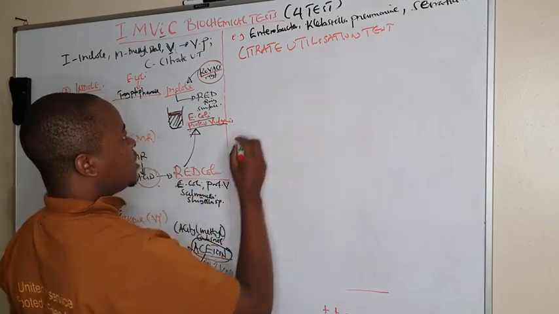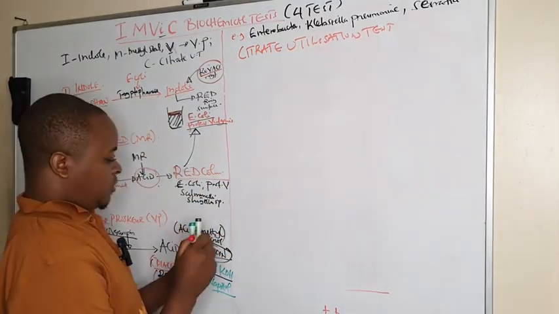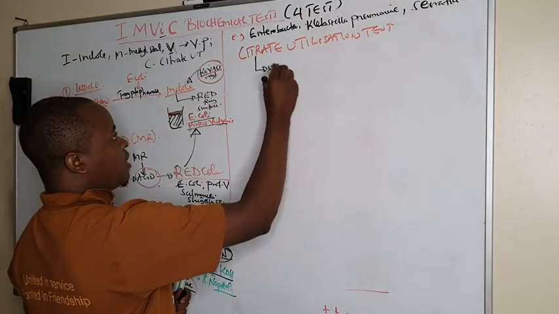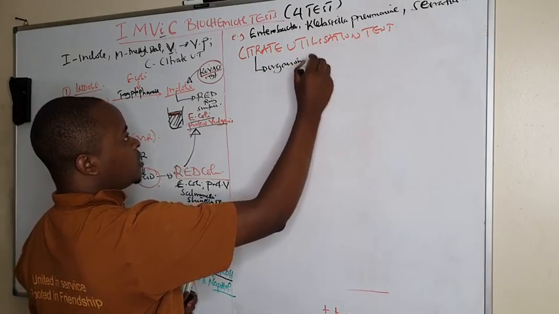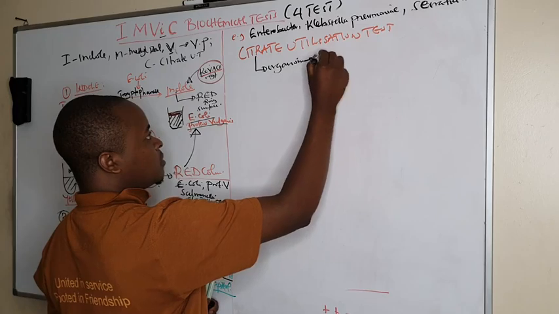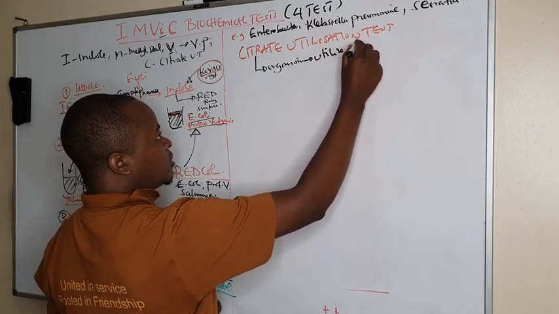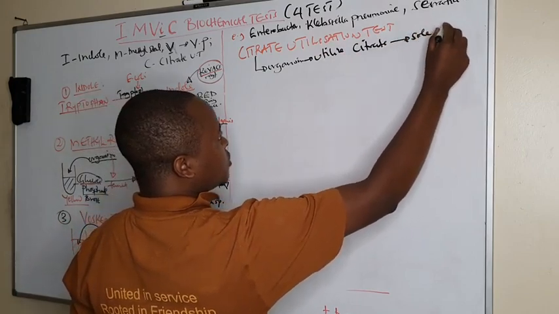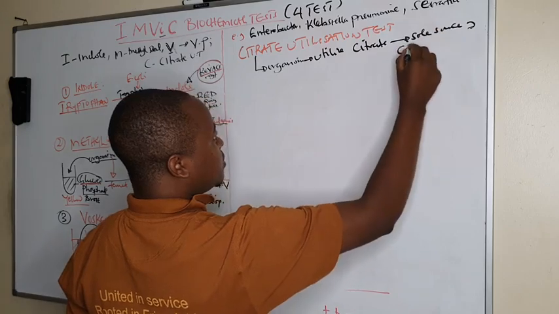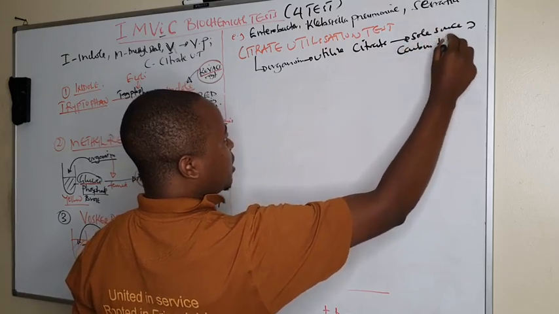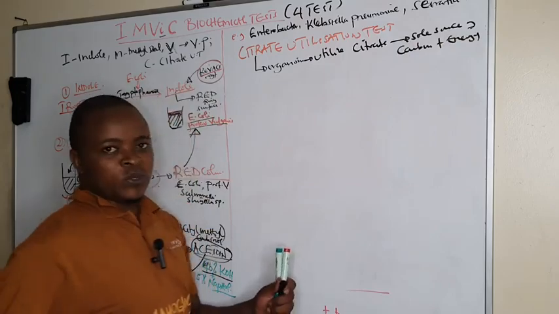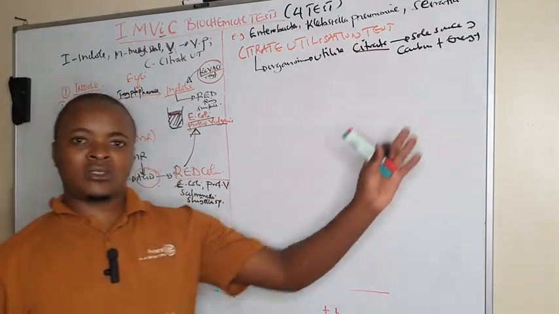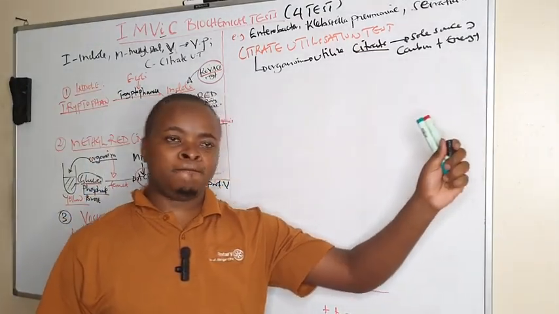This citrate utilization test is looking for the organisms which are able to utilize citrate as the sole source of carbon plus energy. So these organisms utilize only citrate as their source of energy and carbon.